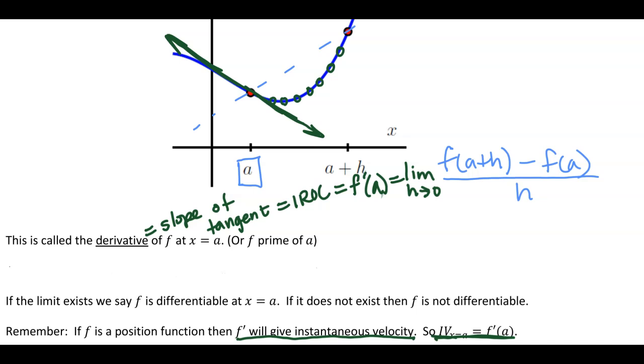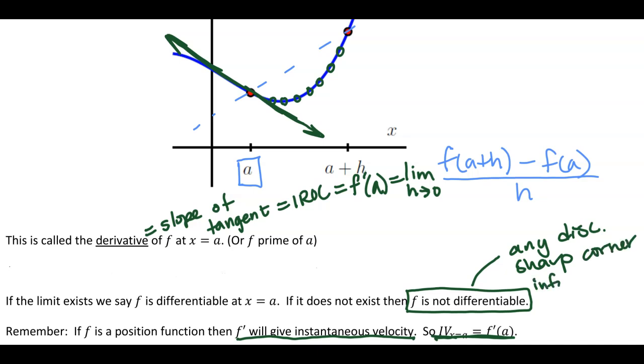If we're doing this and we find that the limit does not exist, then we get to say that f is not differentiable. So keep that little piece of vocab in the back of your mind. We can say f is not differentiable, there is no derivative, there is no tangent line. And we'll get into this a little bit more, but that will happen if there is a sharp corner. That will happen if there's any kind of discontinuity.